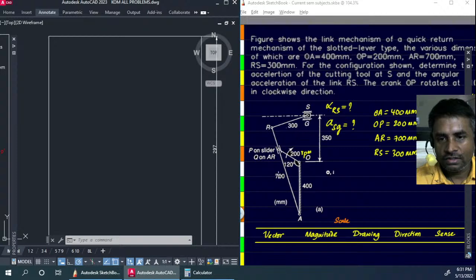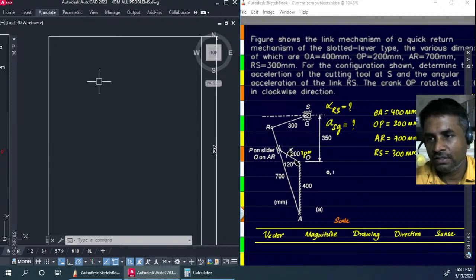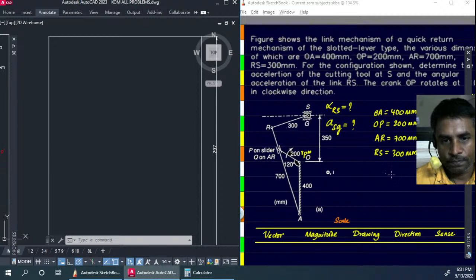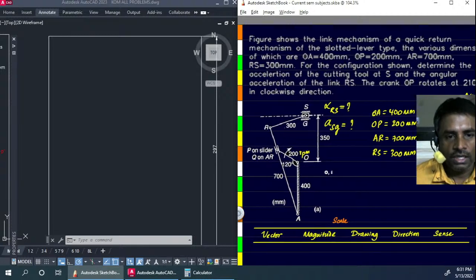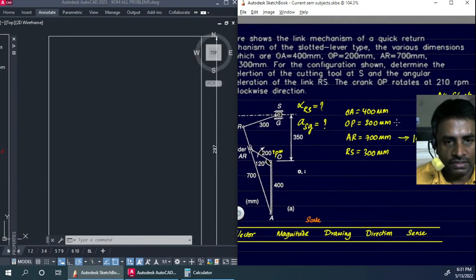So looking here, the length AR we can see is 700 mm, and I guess in this sheet we can easily draw a length of 14 centimeters. So this length, I'm going to take it as 14 centimeters, and for all other lengths I have to apply the same convention. What I have done here is multiplied by 2 and divided by 100 while going from left to right.